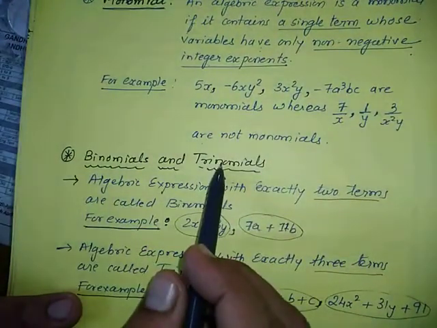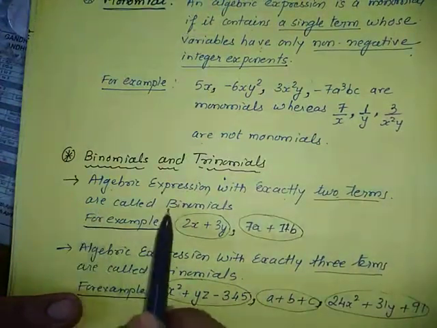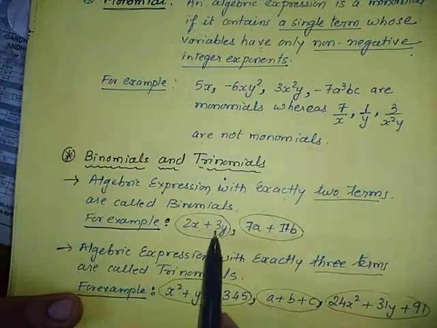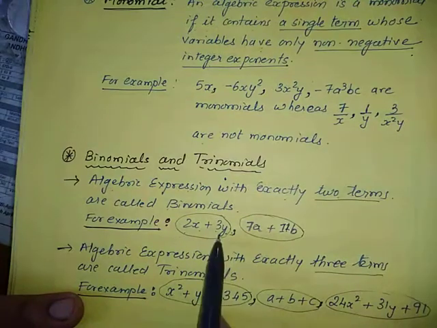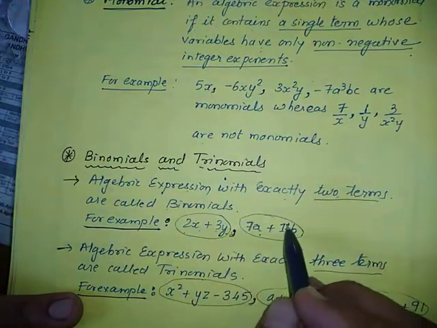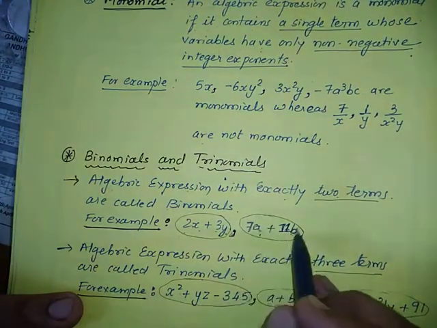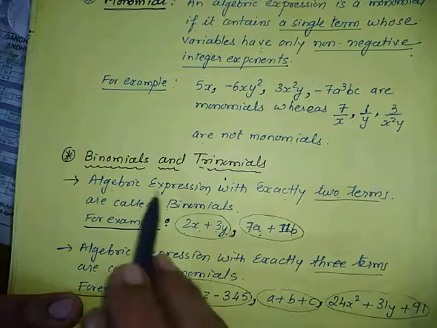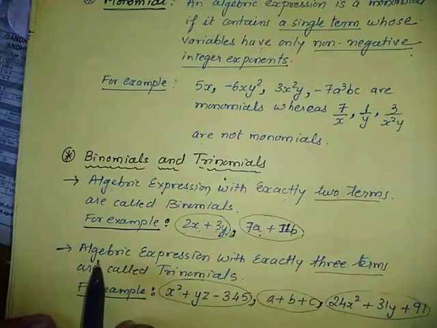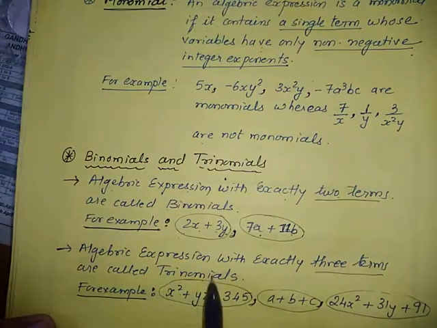Binomials and trinomials. An algebraic expression with exactly two terms is called a binomial. 2x plus 3y: 2x and 3y are two separate terms. Then 7a plus 11b: 7a and 11b are separate terms, two terms, so it is a binomial. An algebraic expression with exactly three terms is called a trinomial.